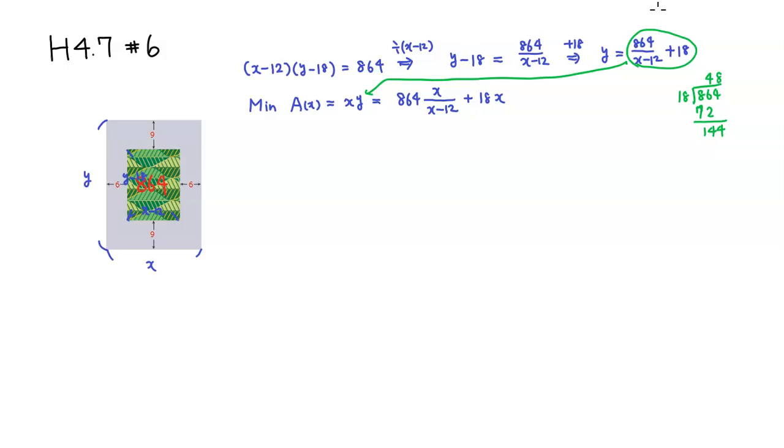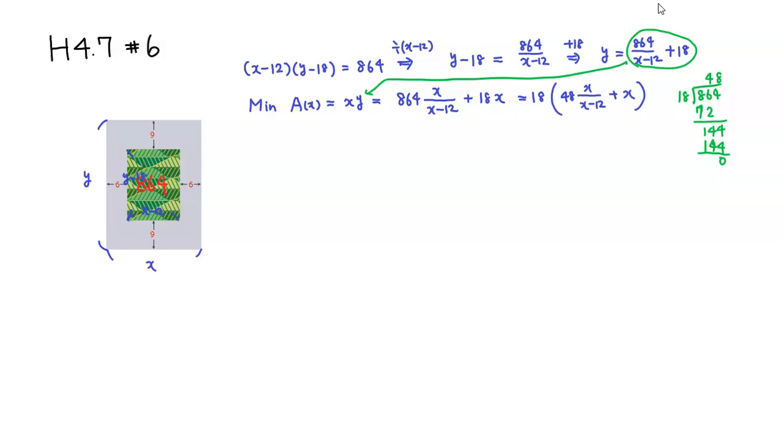It's an 8. Would it work? 8 times 8 is 64, and 8 times 1 is 8. Yeah, that will work, so it's actually 48. So I'm going to pull out 18. Then we would have 18 times 48 times x over x minus 12, plus x. Right, so we have that.